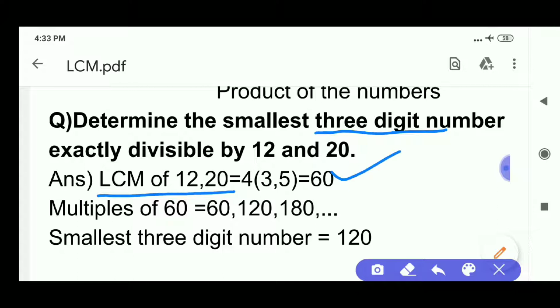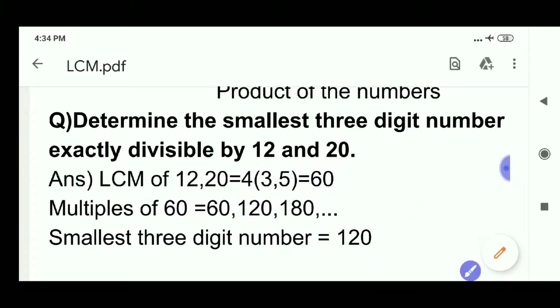It is 60. Multiples of 60: 60 ones are 60, 60 twos are 120, 60 threes are 180, and so on. We want the smallest 3-digit number, which is the first one, that is 120.